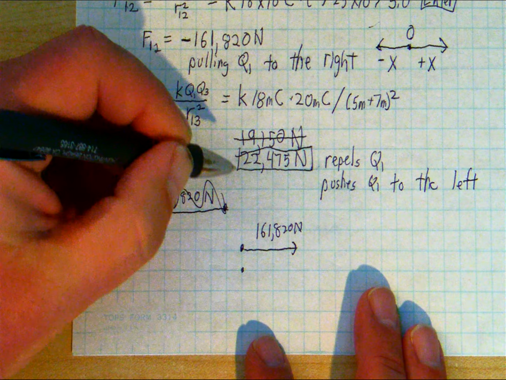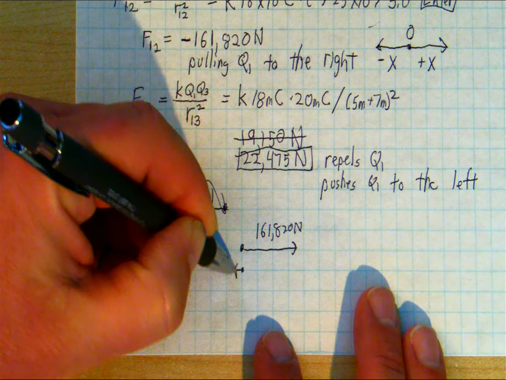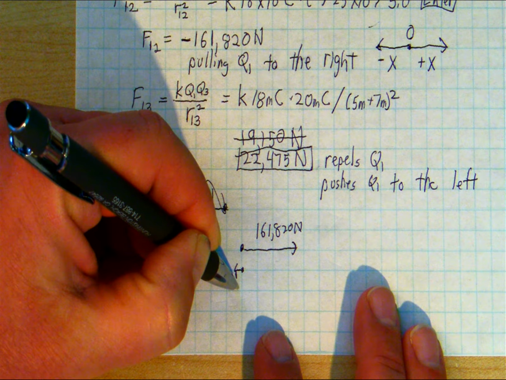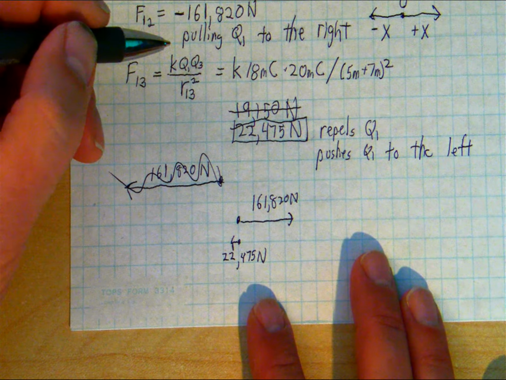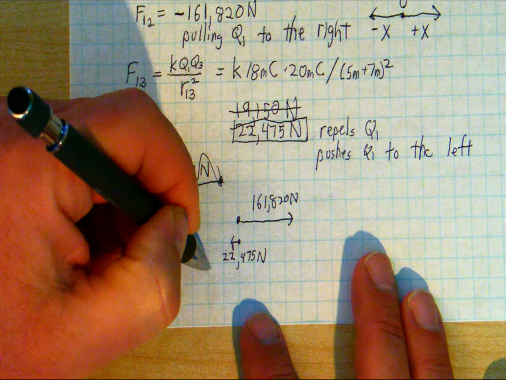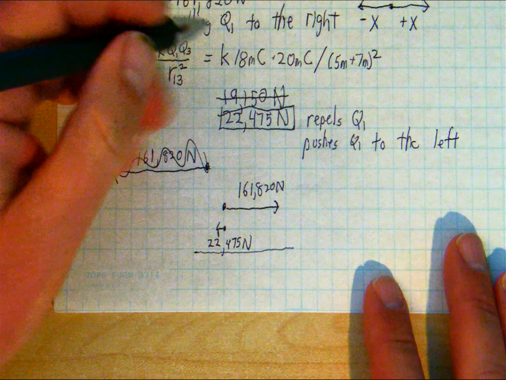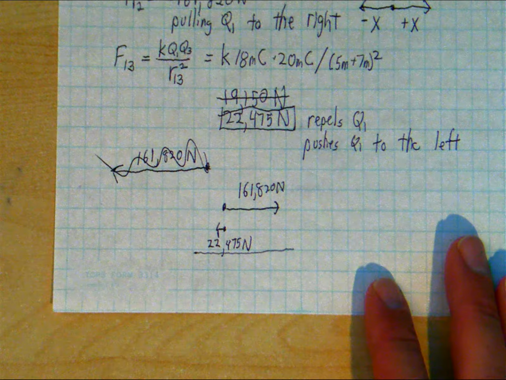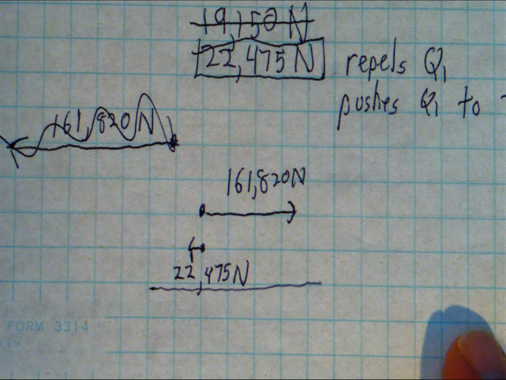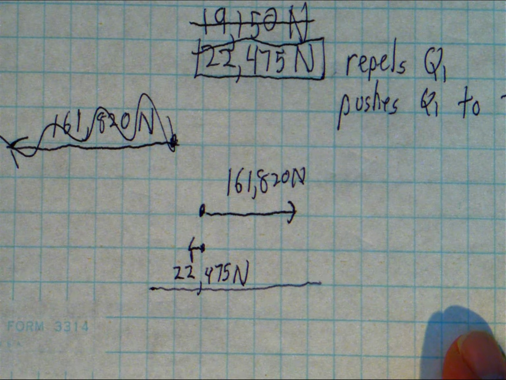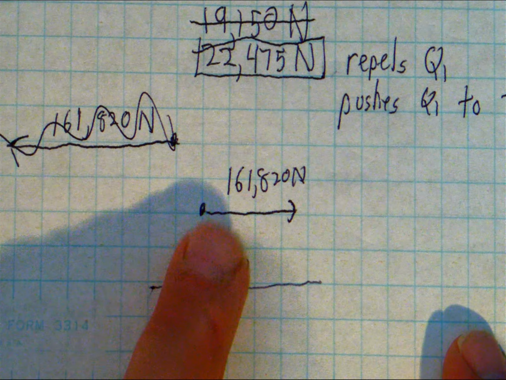Separately, I have 22,475 newtons pushing Q1 to the left. To find the vector sum of these two vectors, which I try to do to a rough scale of 50,000 newtons per grid space, I see they're going in opposite directions.